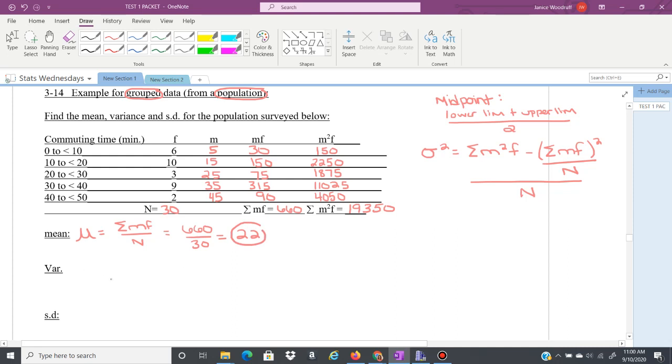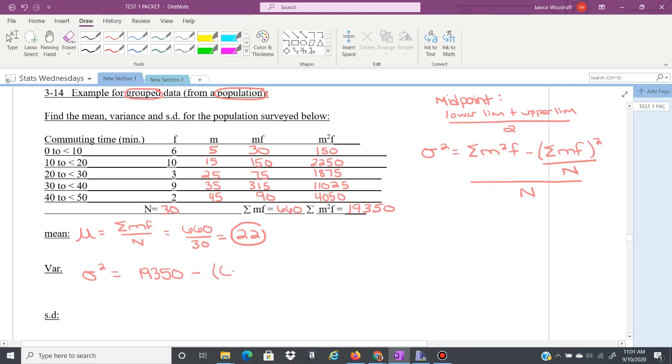Now let's find the variance and the standard deviation. So here's my variance formula. So we're going to have sigma squared equal to the sum of m squared f. That's right here, 19,350, minus the sum of mf squared.